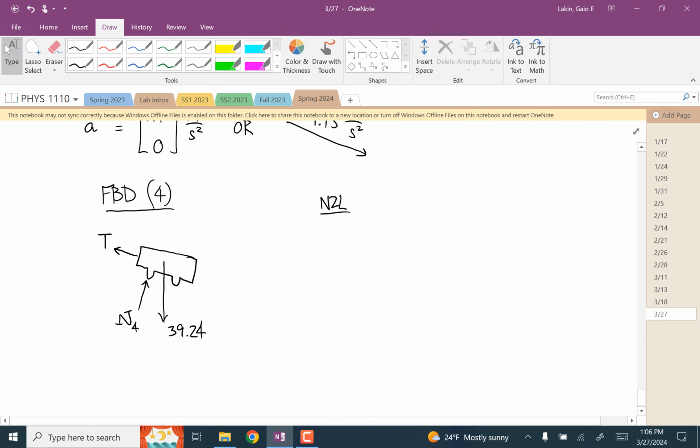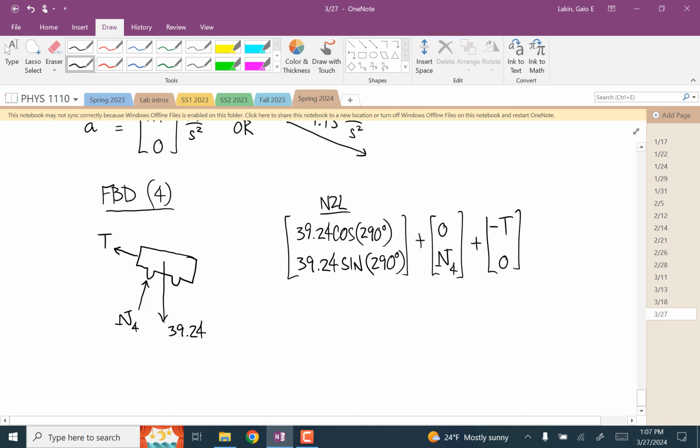The T is in the negative x direction, so plus negative T, 0. And that's equal to the mass, 4, times the acceleration vector that we know now, 1.13 repeating, 0.